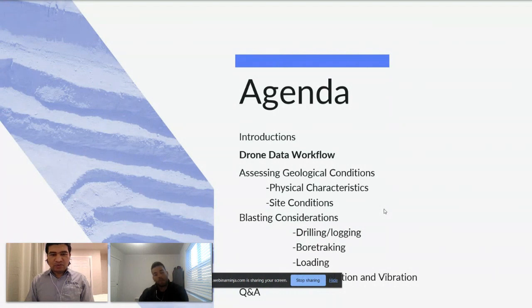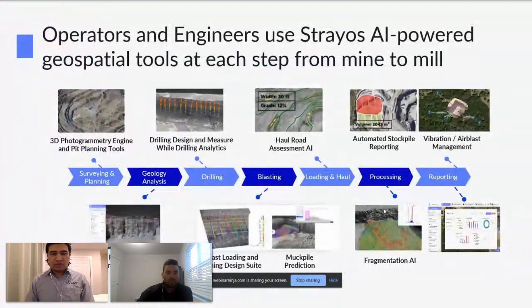With further ado, we'll kick off with today's agenda, which will go into more detail. But to give you a quick introduction about Strayos, for those who are not familiar, we are a software platform which has the tools built for each step of the value chain, starting from surveying, so you can bring your remote sensing data, such as drones or camera phones, and generate a 3D georeferenced model.